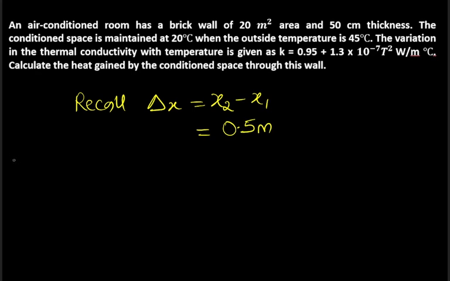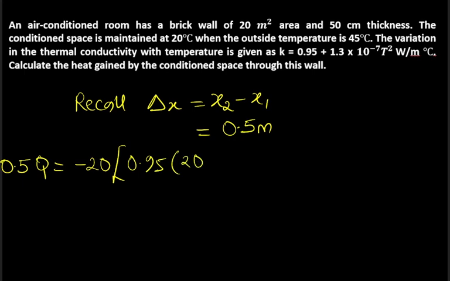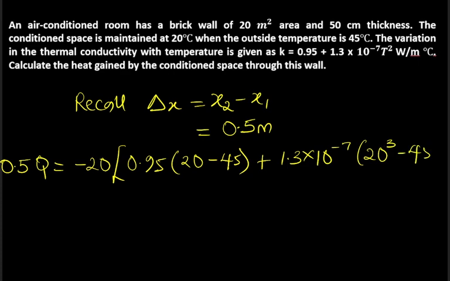This is going to yield 0.5 Q equal to minus 20 into 0.95, the difference between the temperatures, which is 20 minus 45, plus 1.3 times 10 to the power of minus 7, 20 raised to the power of 3. Recall we had T cubed here, minus 45 raised to the power of 3 divided by 3.